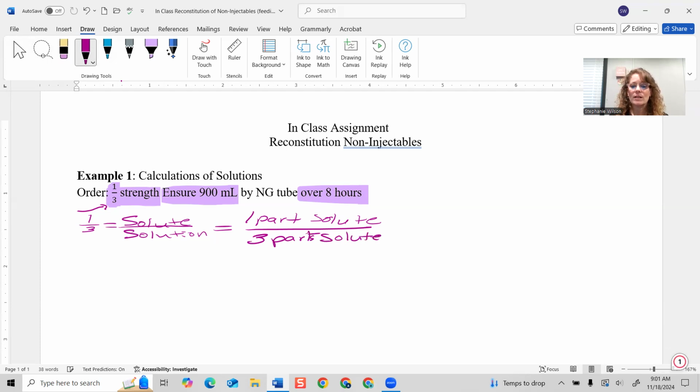Okay, so what this is saying is, I'll do a particular example about lemonade. So the powder, the lemonade powder, would be my solute. And when I drink it, that would be my solution.